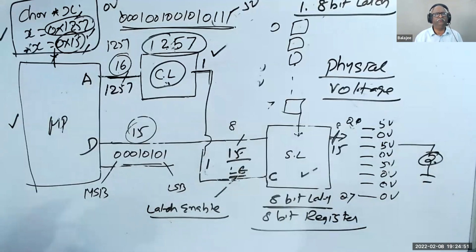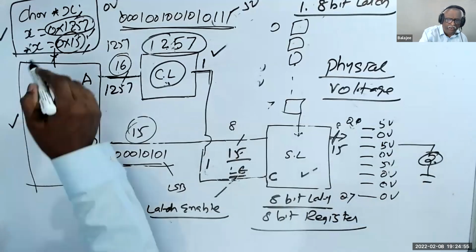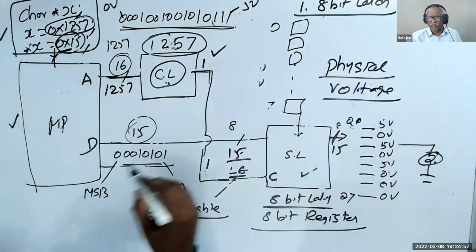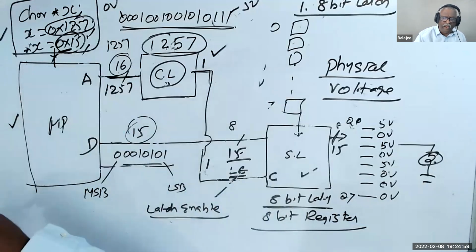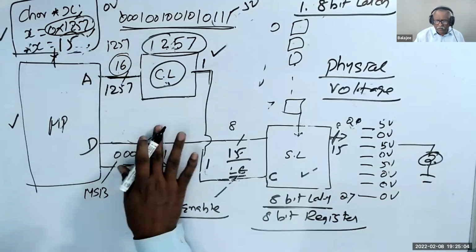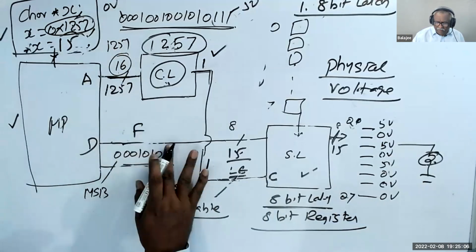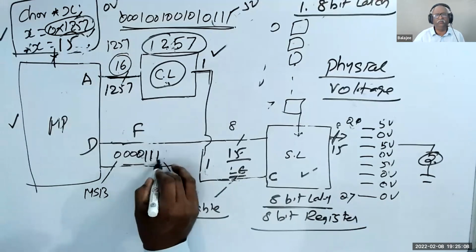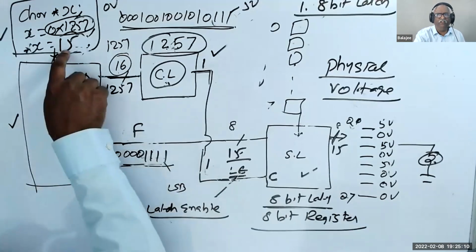Okay, is it clear? No, I have written 0x. If I write 15 here, then this becomes F, then it becomes 1, 1, 1, 1. So the compiler will convert it.